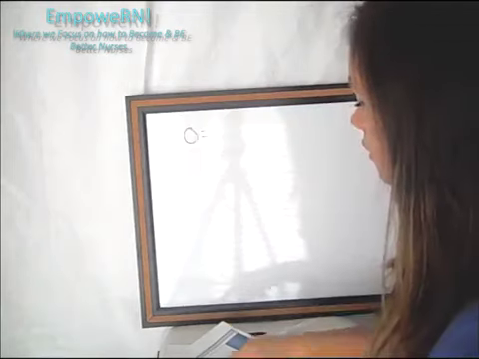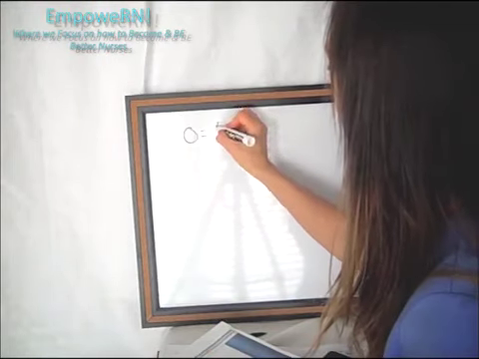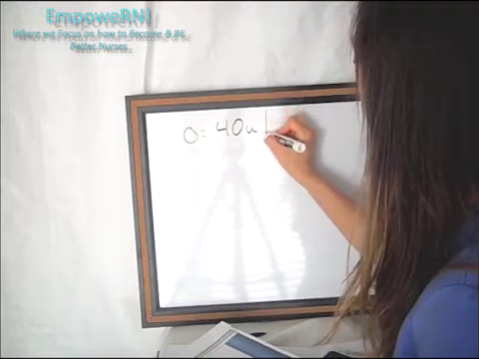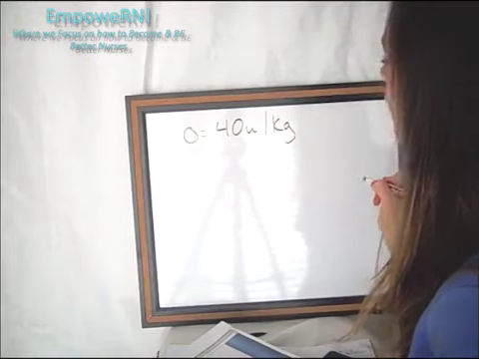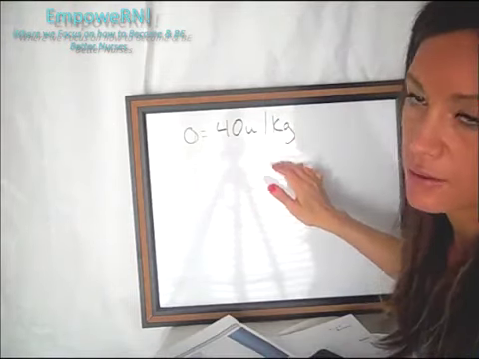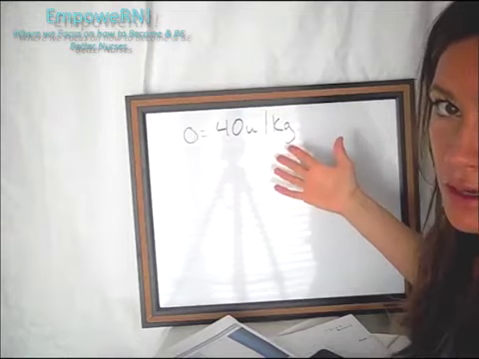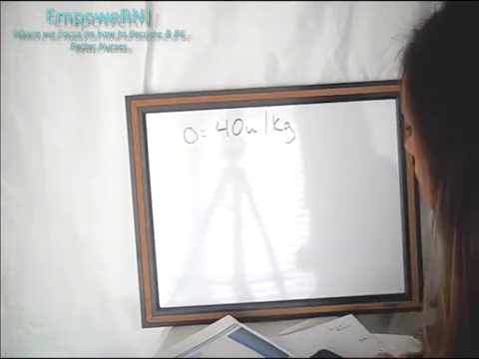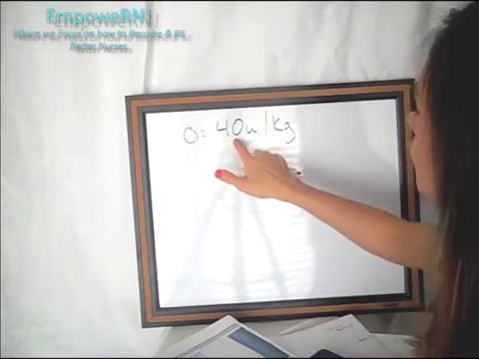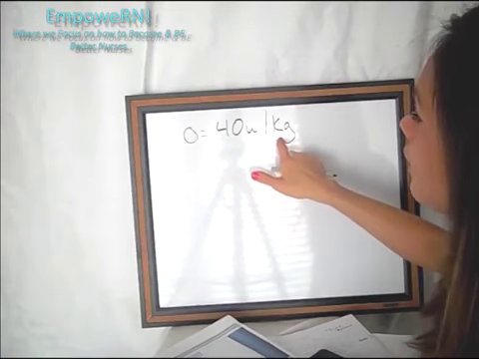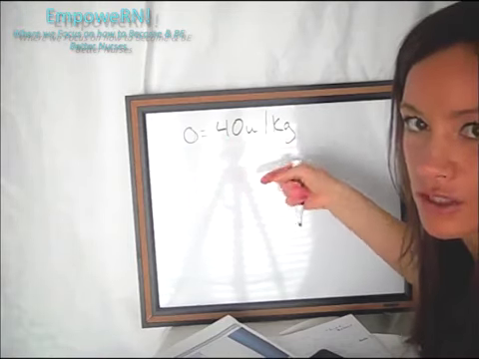We basically have our ordered 40 units per kilogram. So this question is actually a lot simpler because we don't have to figure out a rate. We're just giving a one-time dose.